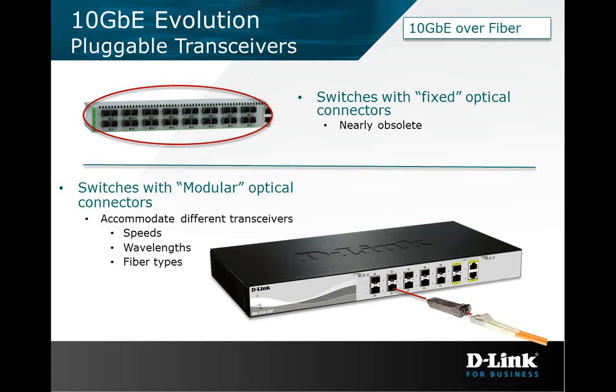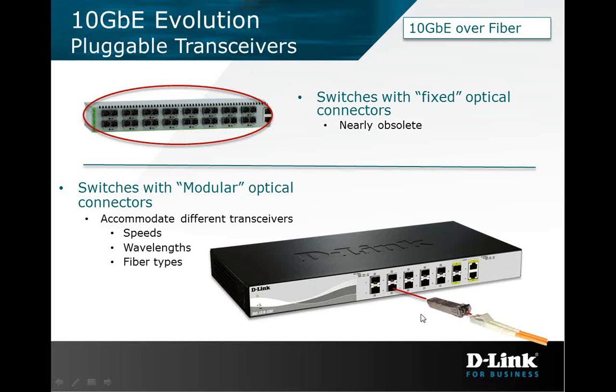Switches of that nature are pretty much obsolete at this point, and over the last 10 years, the industry has migrated to pluggable optical transceivers. And a transceiver is just a device that takes, I'm showing my mouse here over what you would call a GBIC or a SFP transceiver. It takes an electrical signal from the switch and it converts it to an optical signal and sends that light wave down the fiber optic cable.